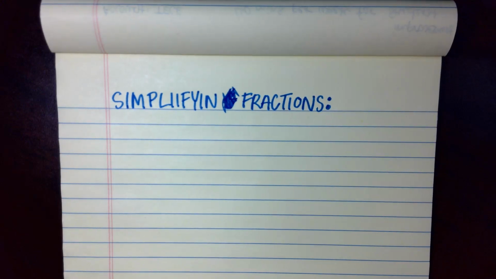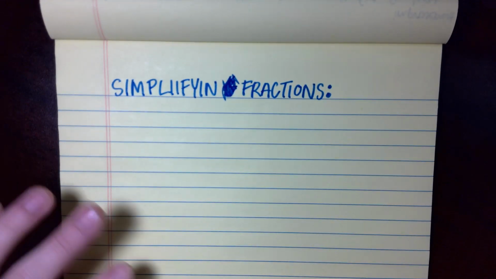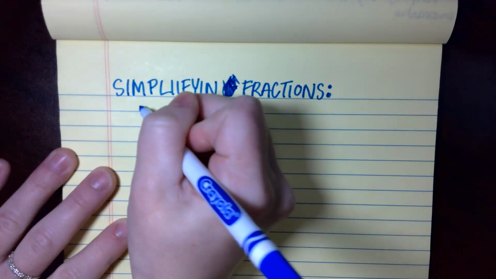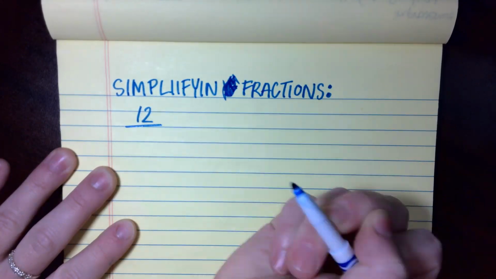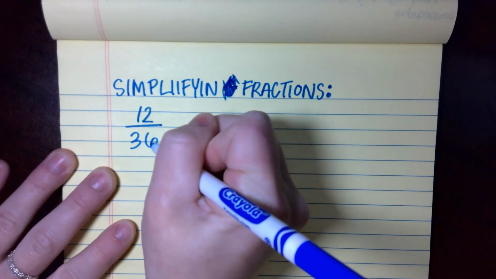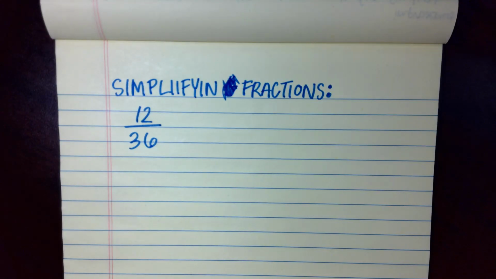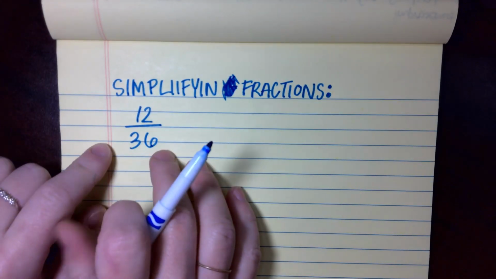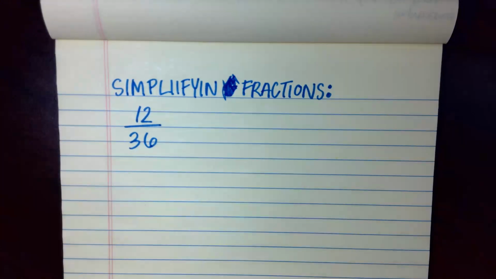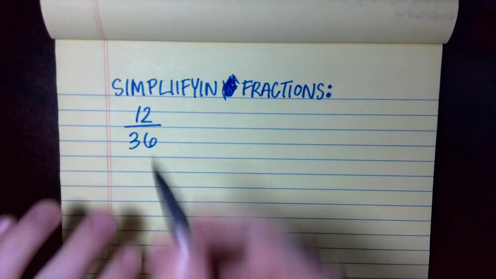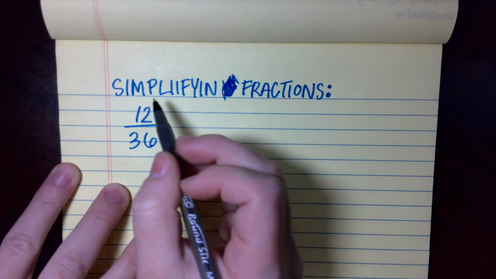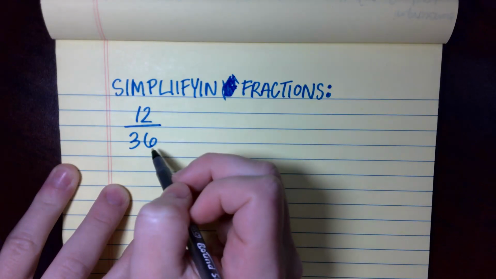Okay. So, let's say that I come up with an answer of a fraction and it's something like 12 over 36. Anytime that I want to see what my simplest form of a fraction is, what you want to do is see if there is any numbers that will fit equally into both the numerator and the denominator.